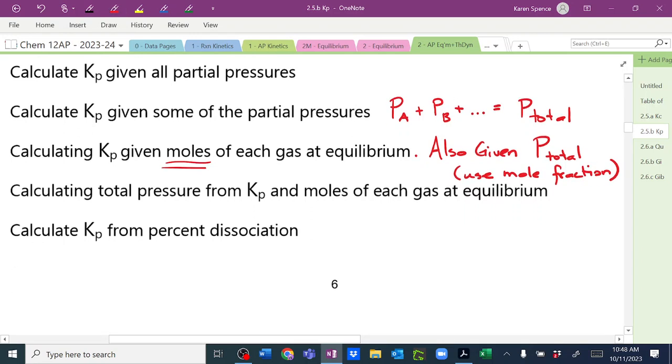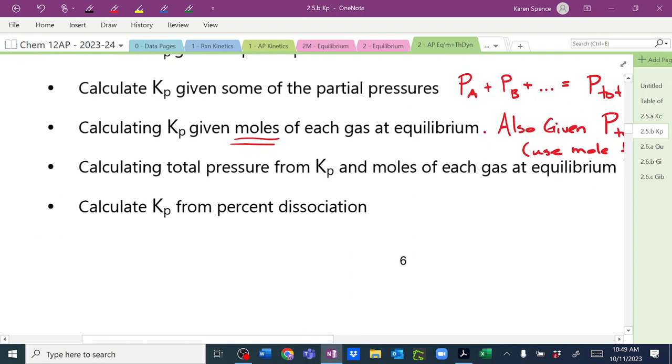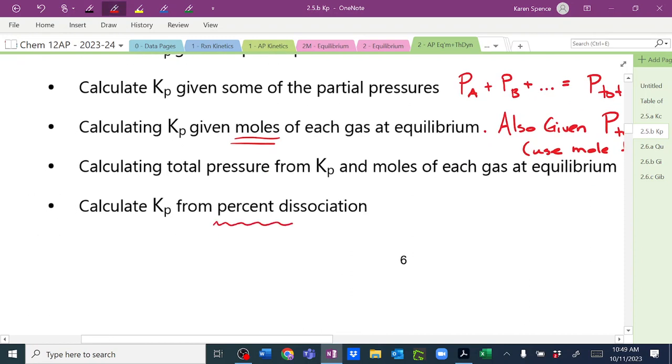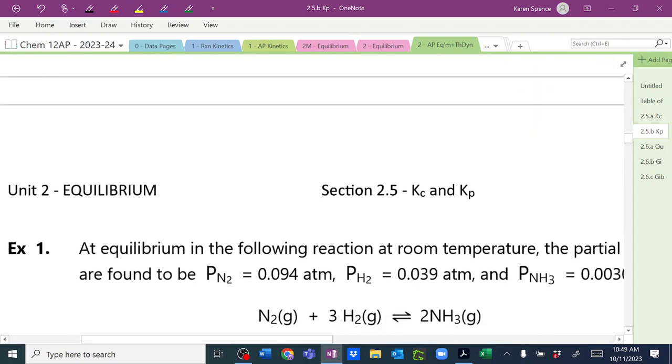Calculating the total pressure from Kp and moles of gas at equilibrium. We're going to look at how to do all of these. And finally, something new, percent dissociation, but we'll look at that in context. It's just what percent has actually come apart, what percent is staying together, etc.